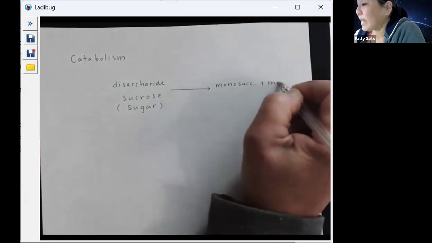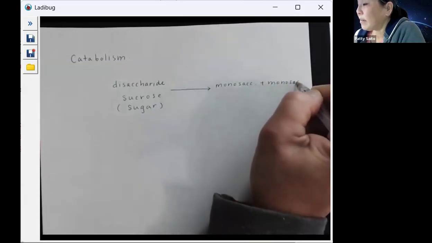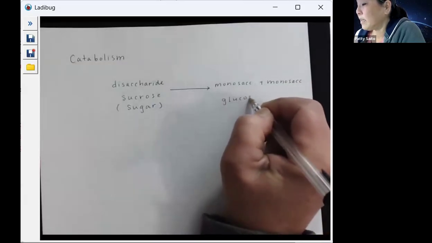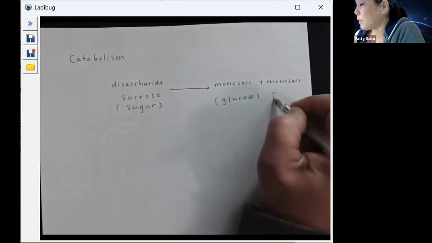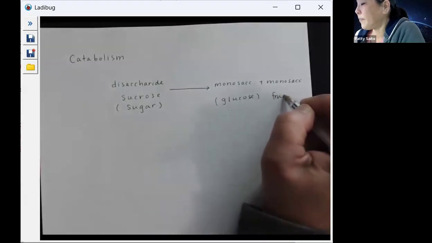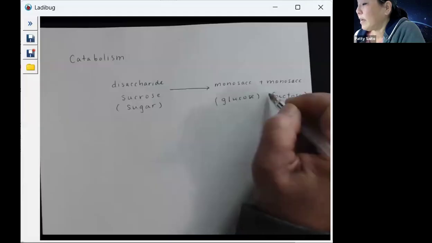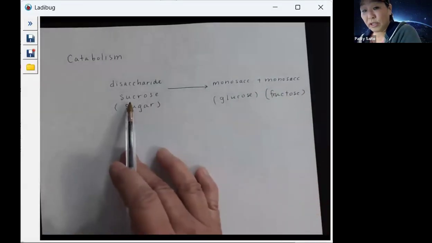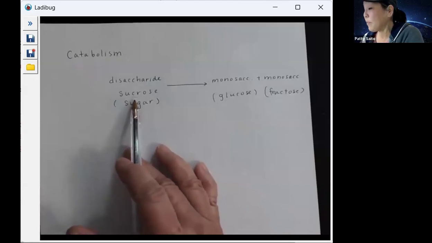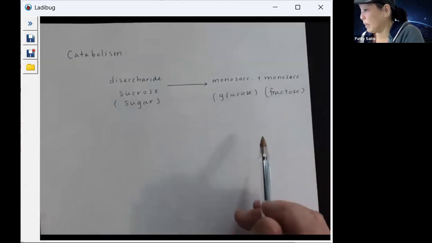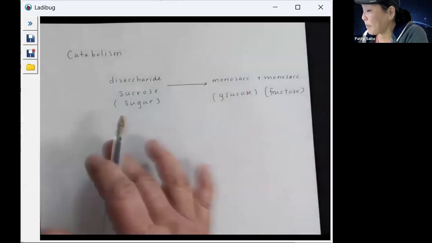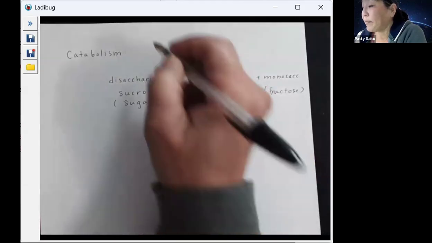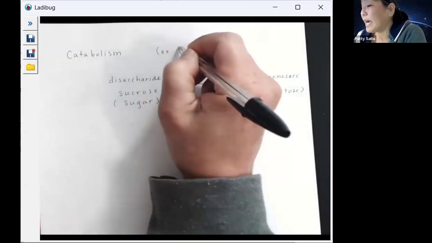This would be a glucose and a fructose. So we took our larger molecule and broke it down into two smaller molecules. This type of reaction is an example of hydrolysis.